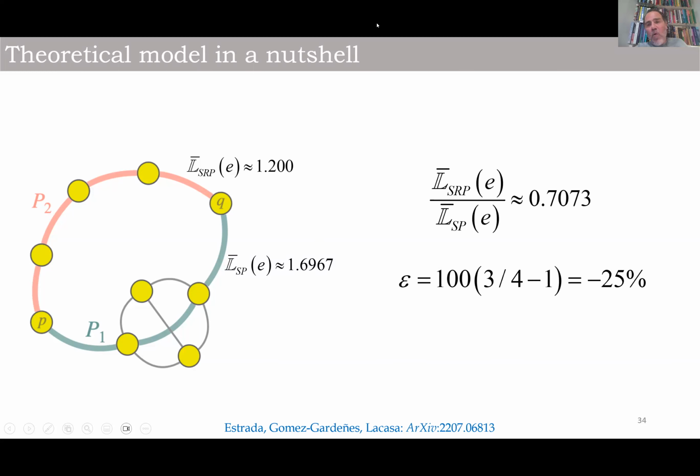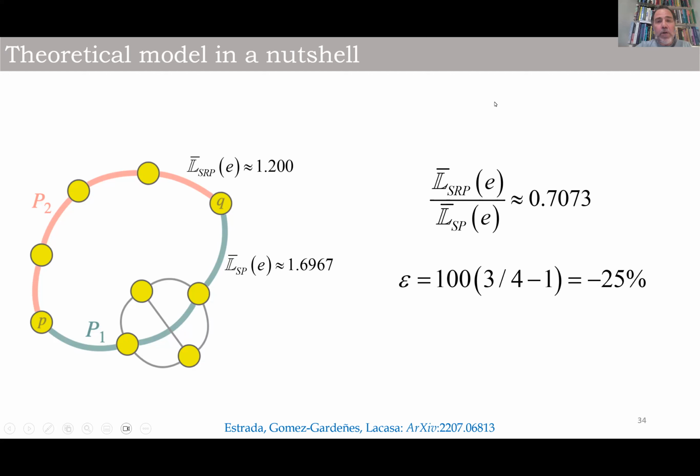Then in this particular case, you can save exactly about 30% of energy going through P2 than going by P1. This worst case scenario seems a little bit pessimistic, but you save 25% of this energy. So for us, it's much better, taking into account that we are going to apply this to real world networks of very large number of nodes, to use this simpler expression than to use this.